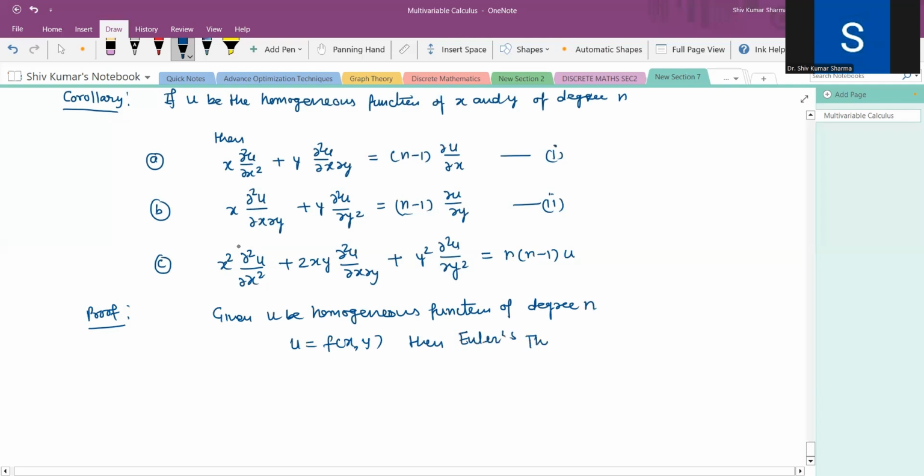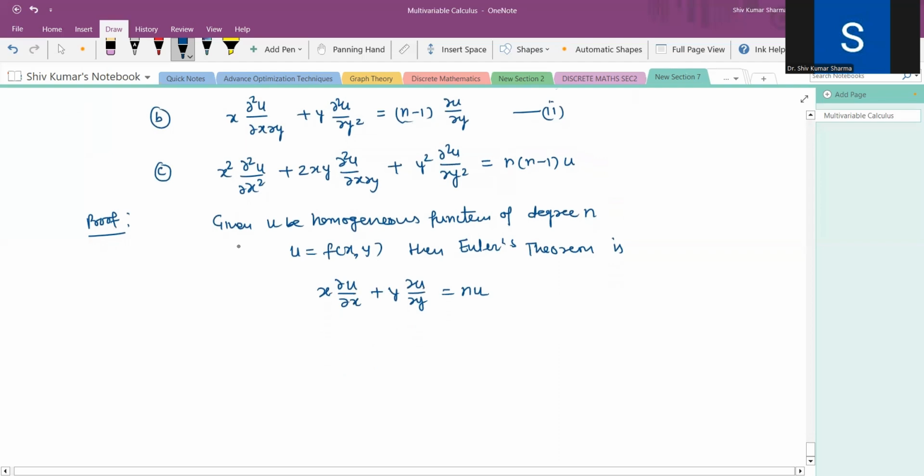So Euler's theorem is x ∂u/∂x + y ∂u/∂y = nu. We can call this equation number third.